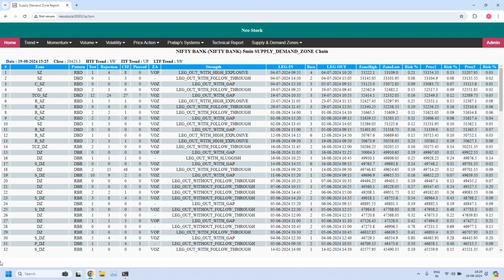So this is about the NIFTY and BANKNIFTY supply demand zone chain for different time frames.